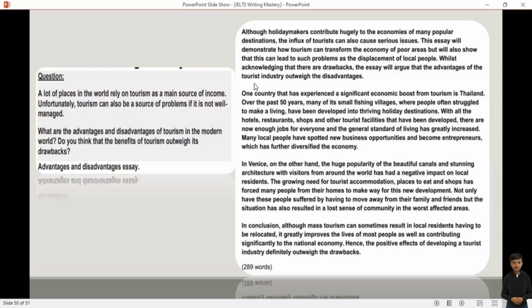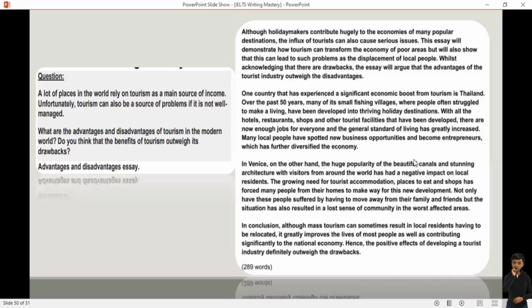While acknowledging that there are drawbacks, the essay will argue that the advantages of the tourist industry outweigh the disadvantages. Now we will discuss the advantages here, disadvantages here, and then we are going to summarize it.